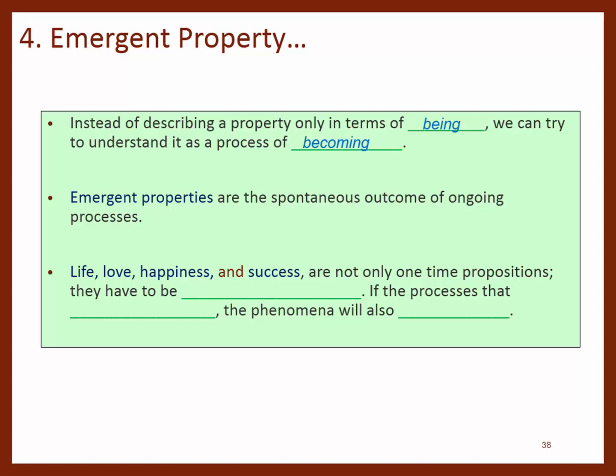Life, love, happiness, and success are not one-time propositions; they have to be reproduced continuously. If the process that generates them ends, the phenomena will also cease to exist. So they have to be reproduced continuously for them not to cease to exist.